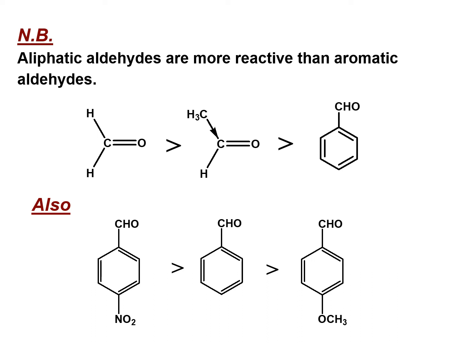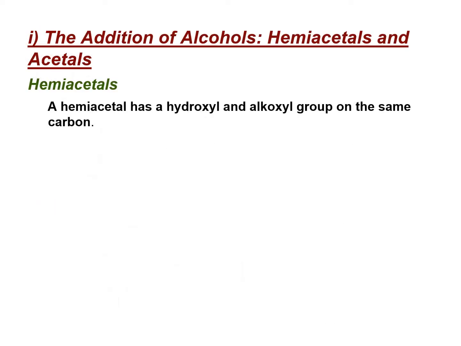Now we will discuss three different types of reactions that are regarded as examples of nucleophilic addition reactions to the carbonyl compounds. The first example is the addition of alcohol to aldehydes and ketones.